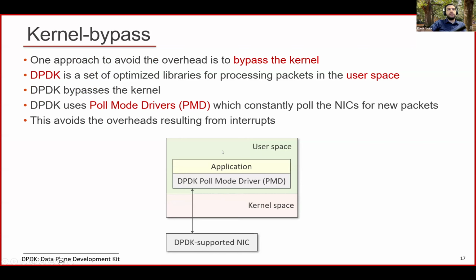So on the user space, we have some drivers, which we call PMD, poll mode driver. That driver will basically have an infinite loop, waiting for packets to arrive at the NIC, and then it will retrieve all these packets in batches. So we have a bunch of packets coming, we immediately copy them, and we don't involve the CPU. We use direct memory access too.